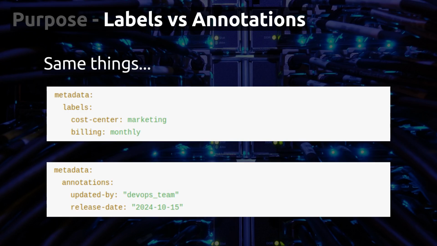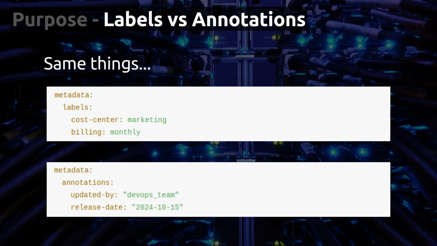Some examples: you can see here we have the metadata key, and inside the metadata key we can have either labels or annotations. We can of course have labels and annotations together, and set some elements inside them.